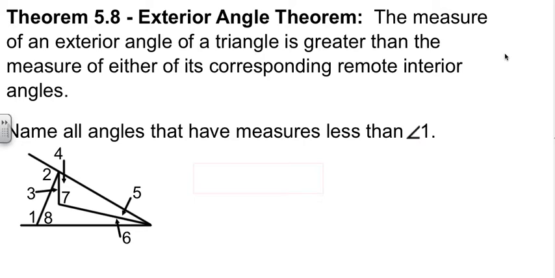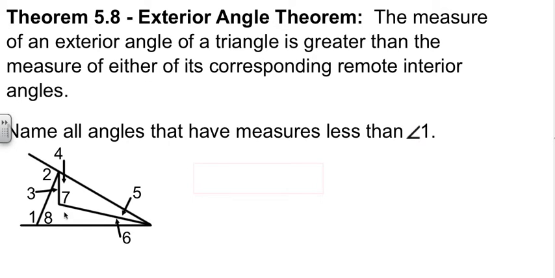Well, if it's equal to the two things added together, it must be bigger than either one of them. That's kind of the idea. So our job is to find the angles in this picture that have measures less than angle 1.